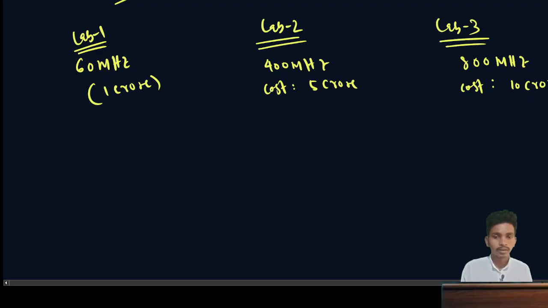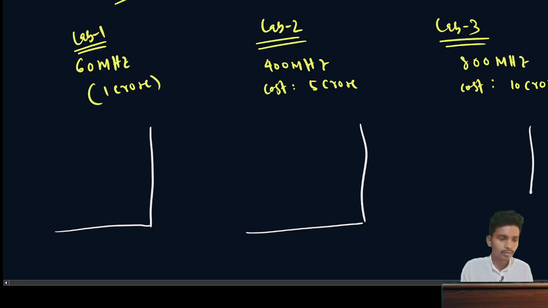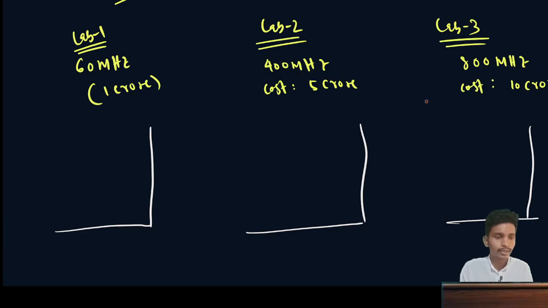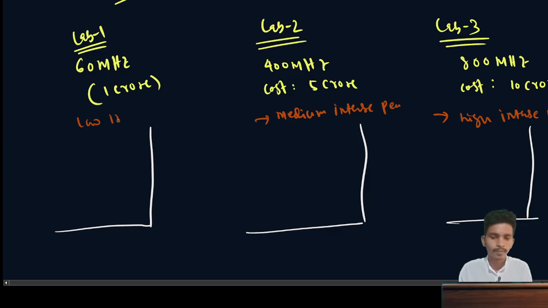Now, whenever you use a chemistry lab, the data will be like this. Wherever the magnitude is high, we will get a high intense peak; the medium one gives a medium intense peak, and this is the low intense peak.